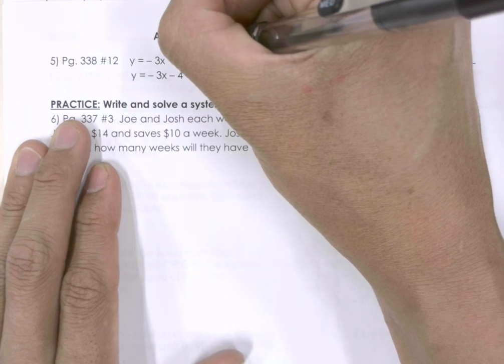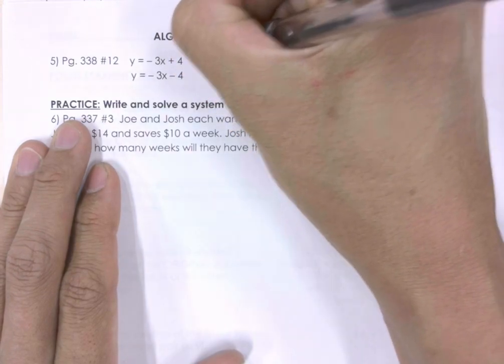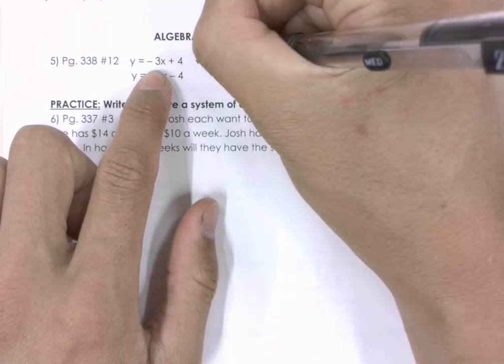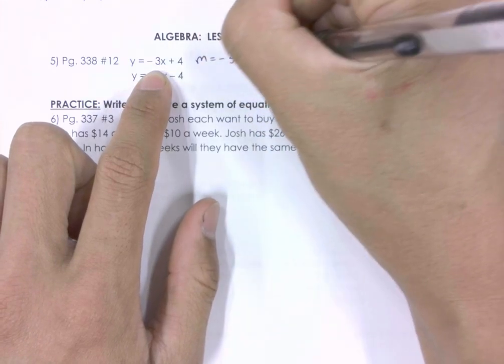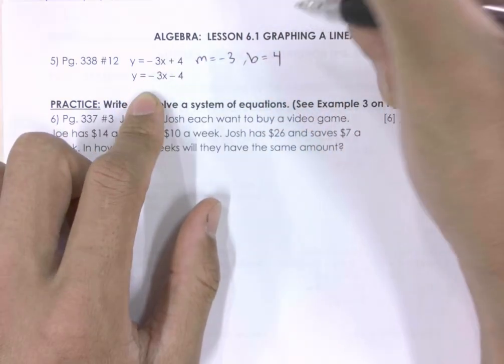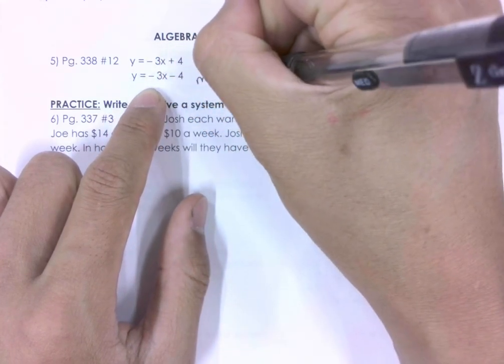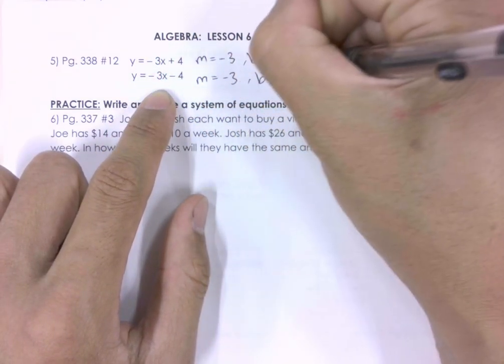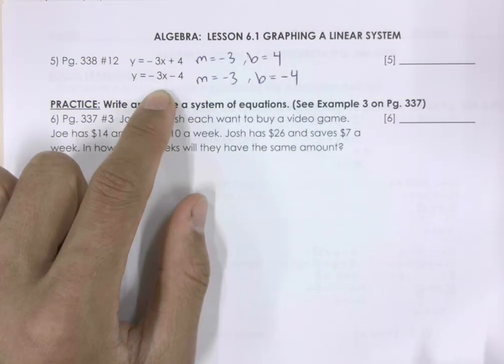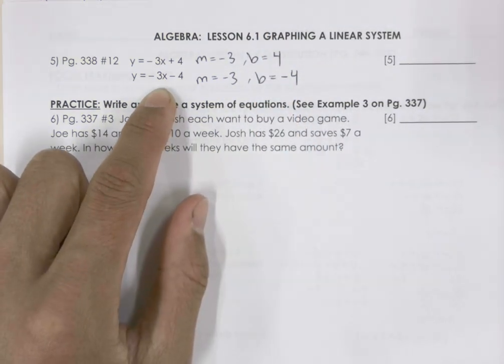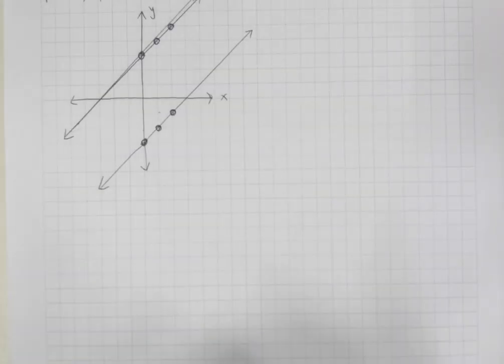Now we're going to identify our m and our b. So in this case, our m is negative 3, and our b is equal to 4. And in the second equation, our m is equal to negative 3, and our b is equal to negative 4. Right? So we're going to graph this and see where the two lines meet.